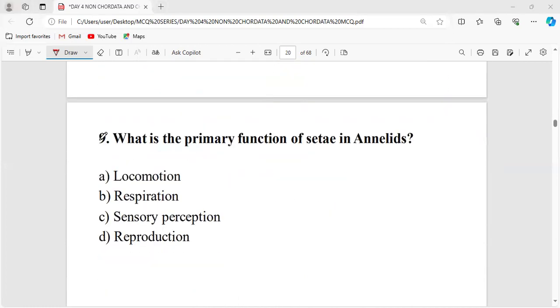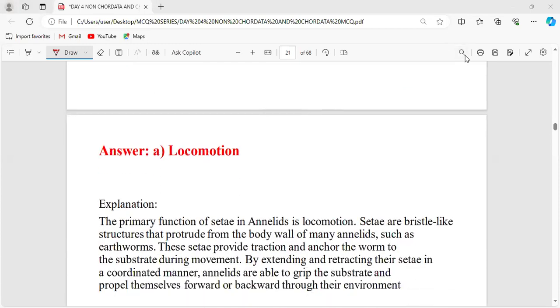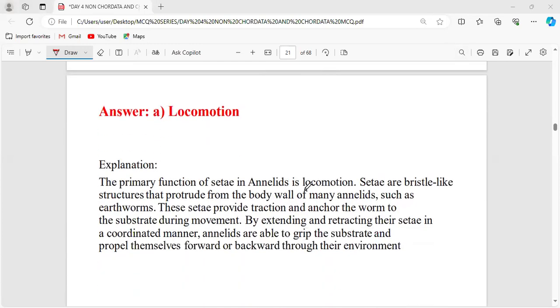Good. What is the primary function of setae in annelids? Whether it is locomotion, respiration, sensory perception, or reproduction. The primary function of the setae in annelids is locomotion.